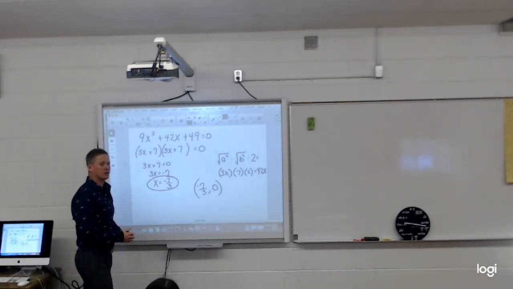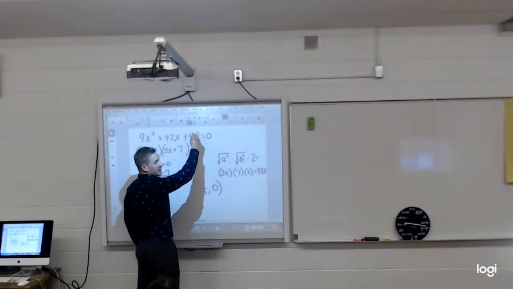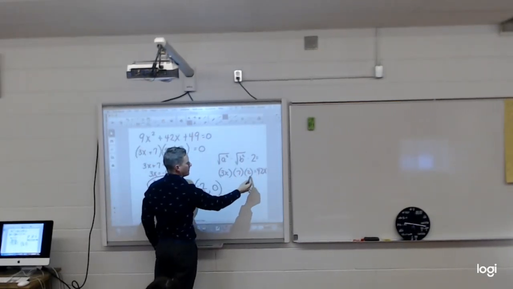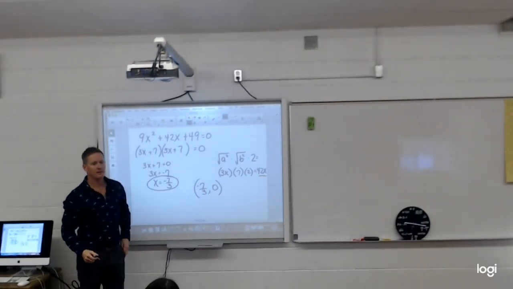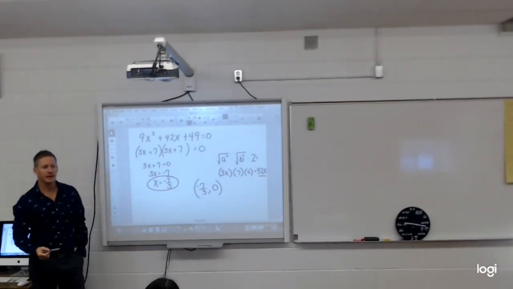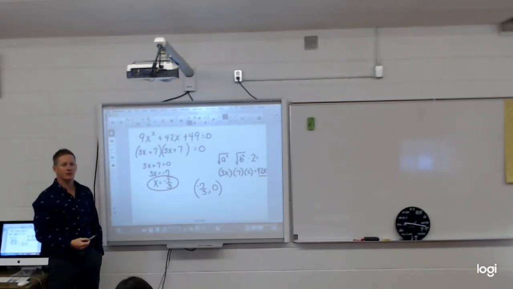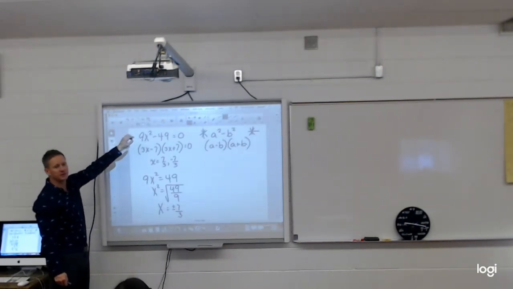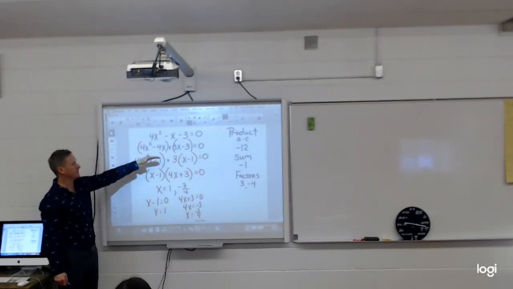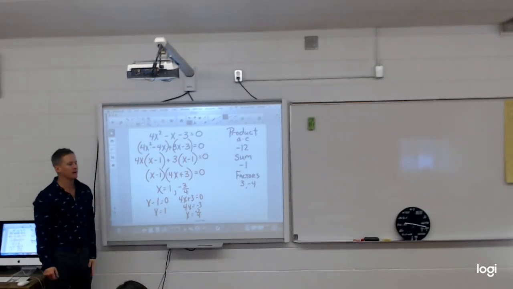And a perfect square trinomial works when you take the square root of this guy, times it by the square root of that guy, multiply by 2, and if it gives you your middle number, then it's a perfect square trinomial. If it's not a perfect square trinomial, then you have to go to the final one I just showed you. You have to identify difference of squares, and then if it's not factorable by taking the greatest common factor out, then you use your method here to do it.